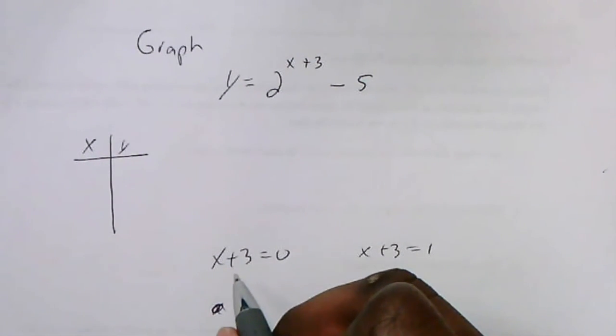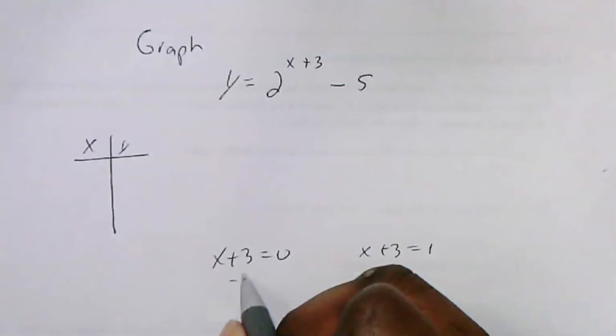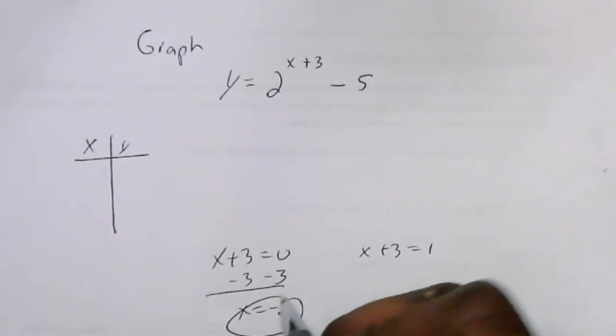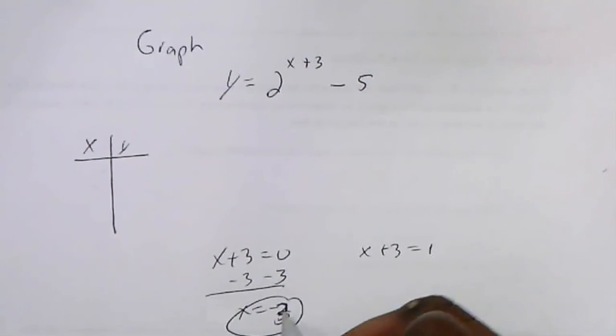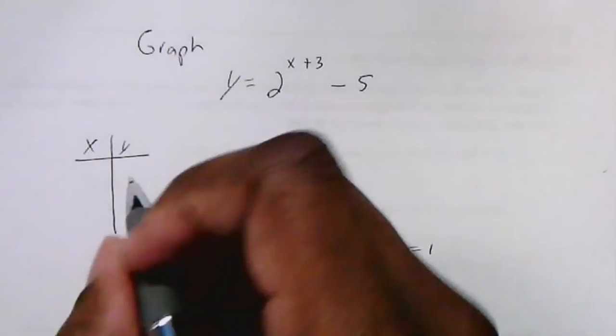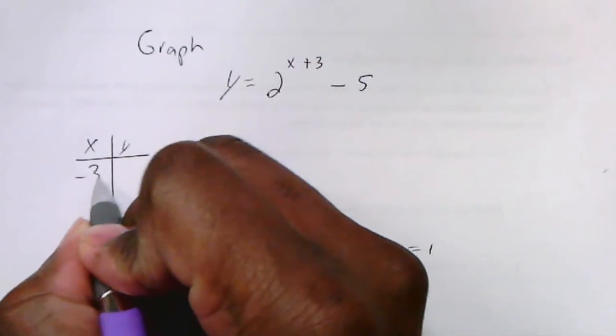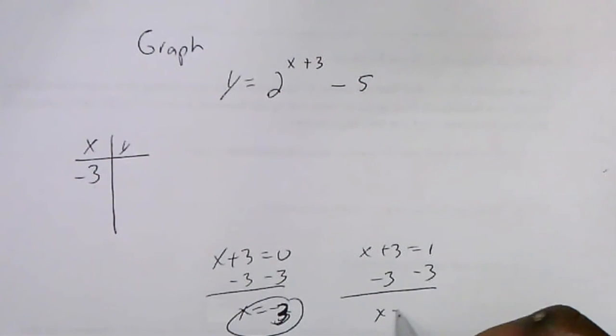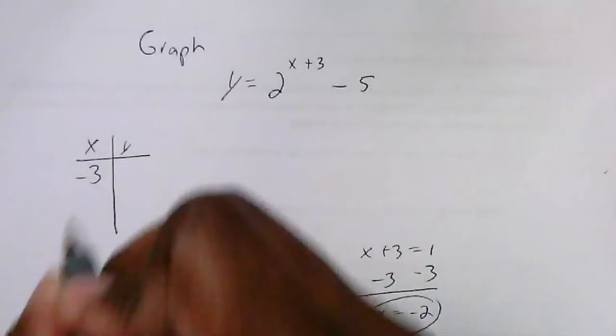When we solve this for x, subtract 3 from both sides, and this is -3. So for one value, I'm plugging in x is -3. For the other one, I subtract 3 from both sides, I get -2.